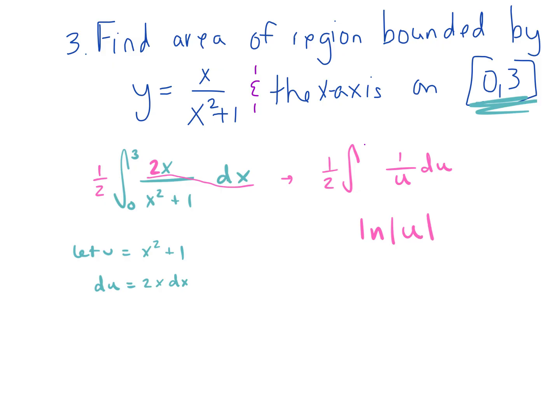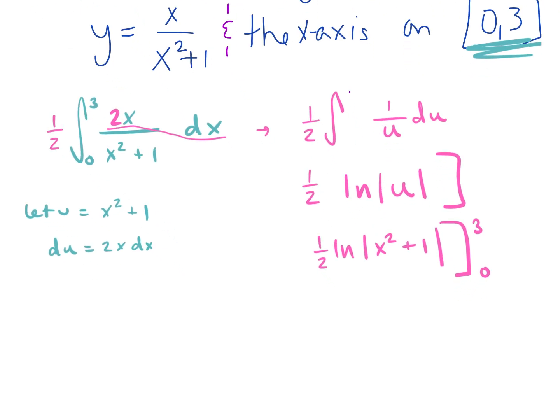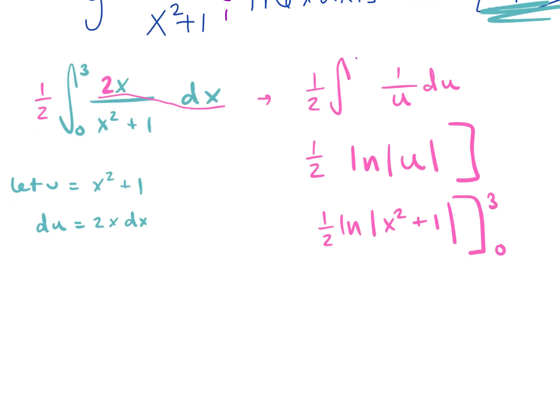It's not plus c because we do know that it's a definite integral. So let's plug back our x's so we can find what our values are. So we have 1/2 times the ln of x squared plus 1 from 0 to 3. So what would we do next to solve?